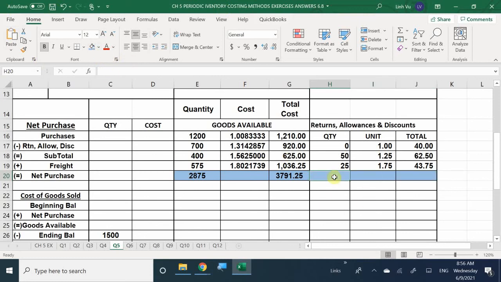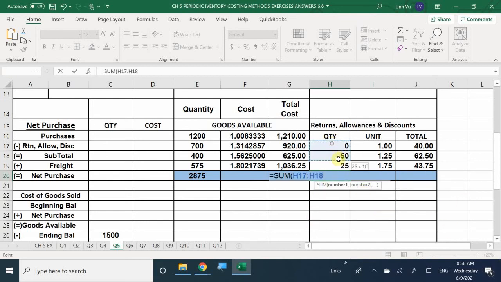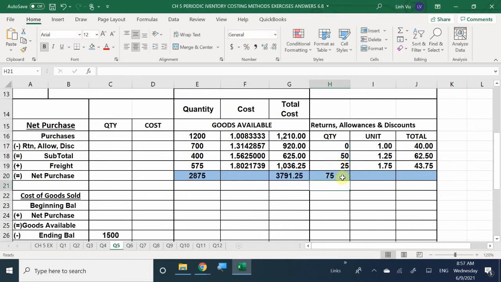So how many items did I actually return in total? 75. All right, 75 items. And at what total did I actually receive back? I got 146.25. Excellent.